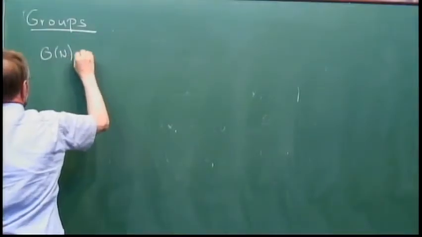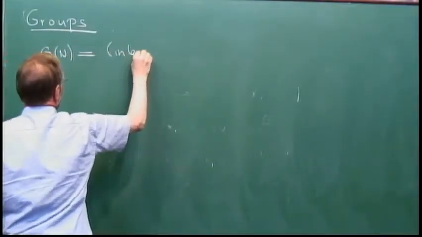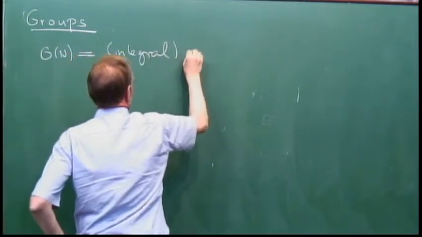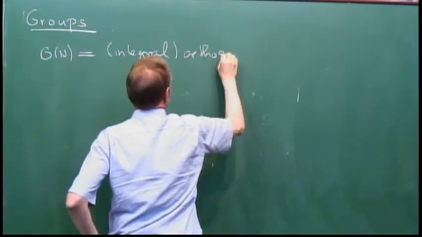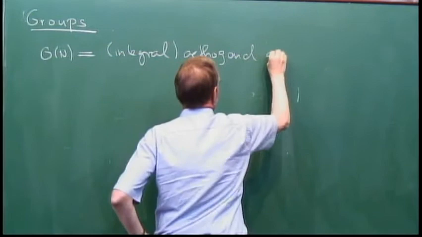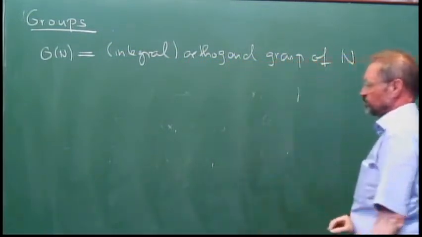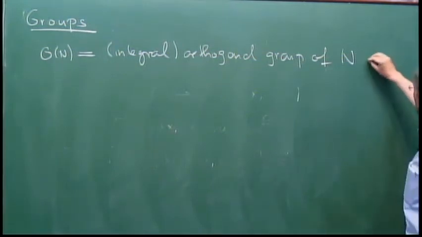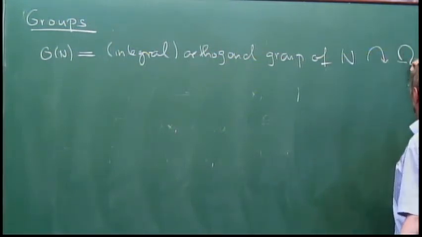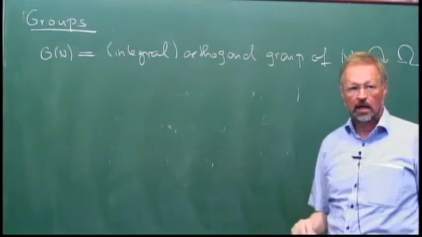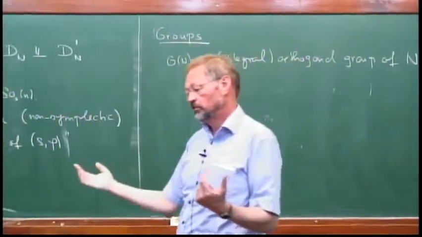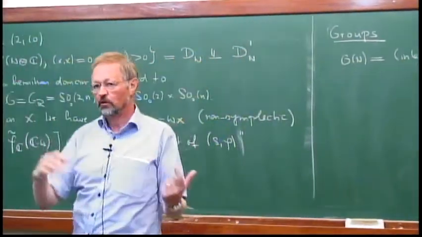The O(N) is the integral orthogonal group of my lattice N. Of course, that will act on omega N. And now it can happen that some elements will interchange the two components and others won't.